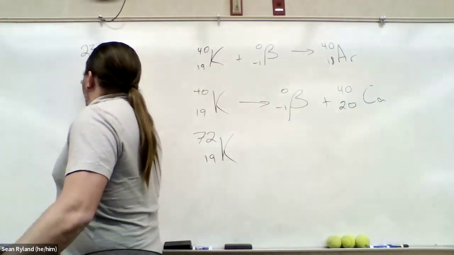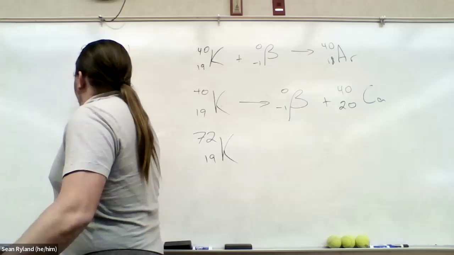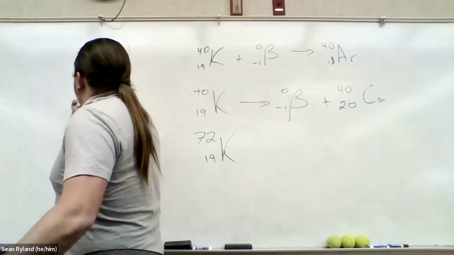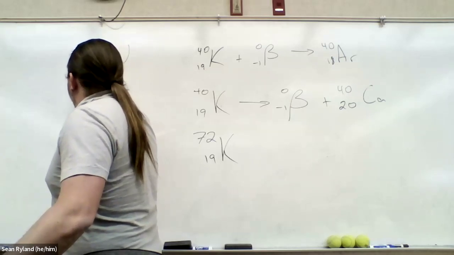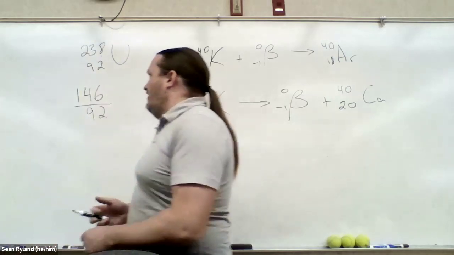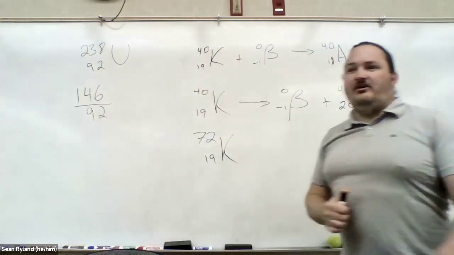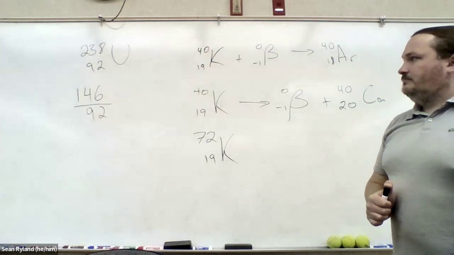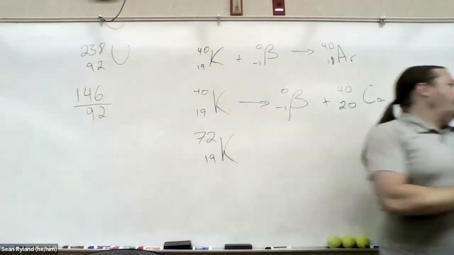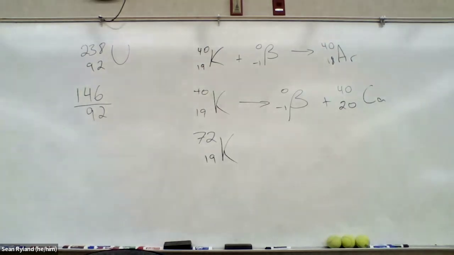So 238 minus 92 is 146. So 146 over 92 is going to be something like more than a 1.5 ratio. So pretty close to 1.5.